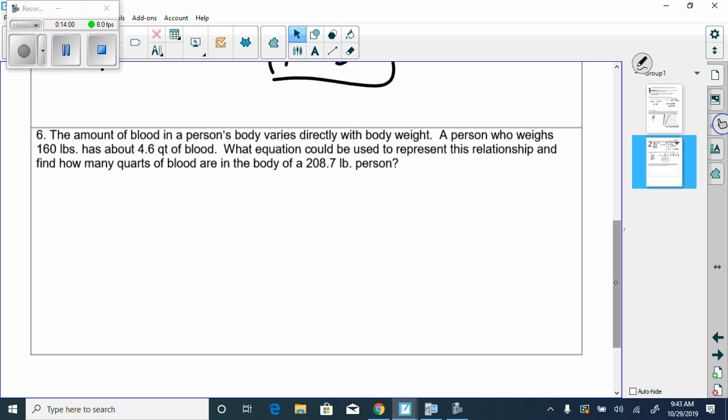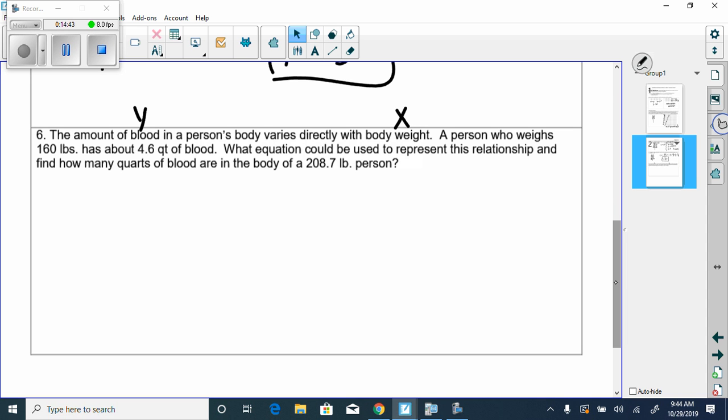Alright, last one says the amount of blood in a person's body varies directly with the body weight. A person who weighs 160 pounds has 4.6 quarts of blood. What equation could be used to represent this relationship to find how many quarts of blood are in a body that weighs 206.7 pounds? So, the blood depends on the weight. So that tells us the blood's going to be our y and the weight is our x because the blood depends on x.